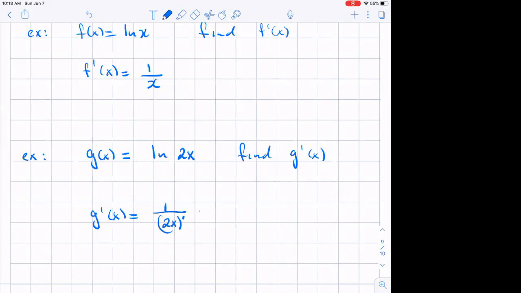So this becomes 1 over, actually this is a 2 here, x times 2, which becomes 1 over x also.